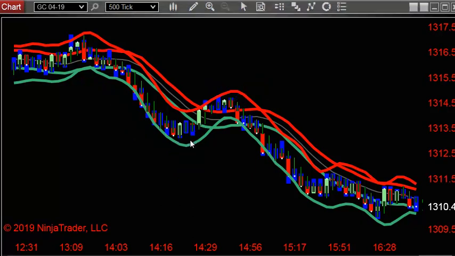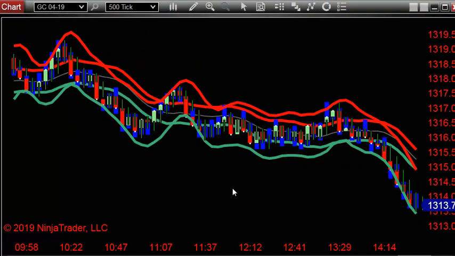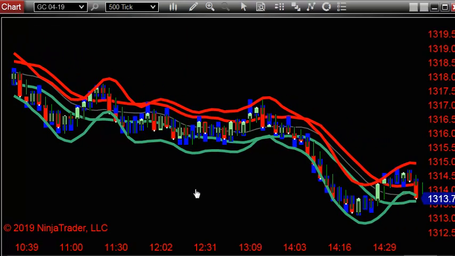I want to talk about something. So here's some chop. How does it exit to the downside? Well, you start to get red.